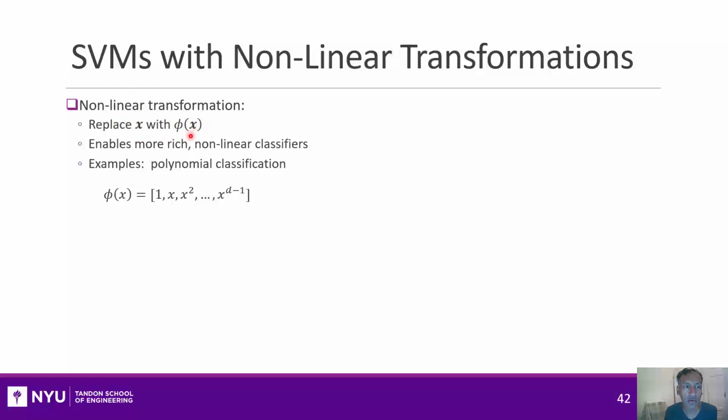And that will allow you to get more rich nonlinear classifications or regression rules. So for example, if we took a scalar x and we mapped it to the d powers of x, and then we did a linear combination of these terms, we'd basically be able to get a polynomial classification rule.